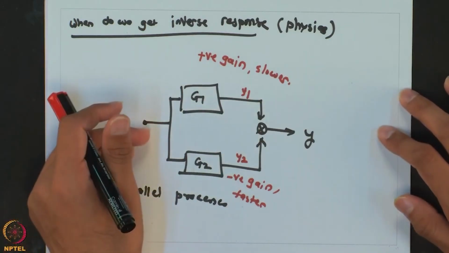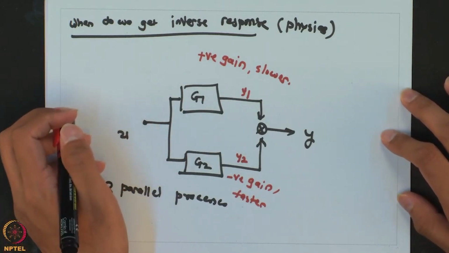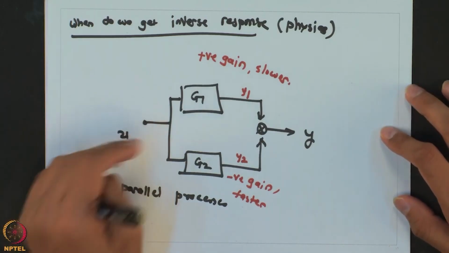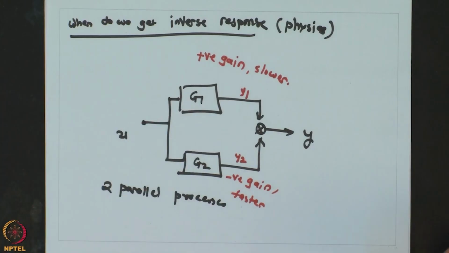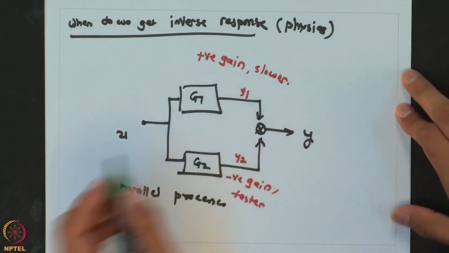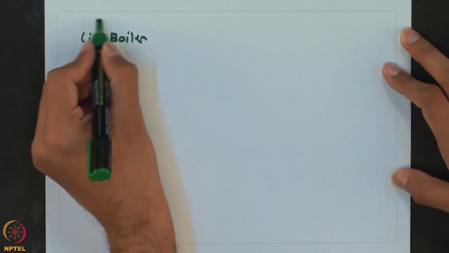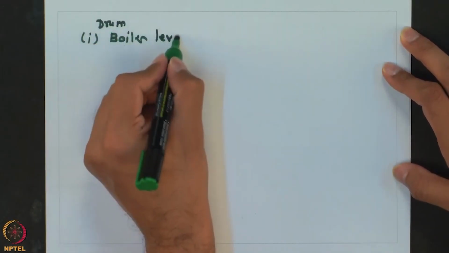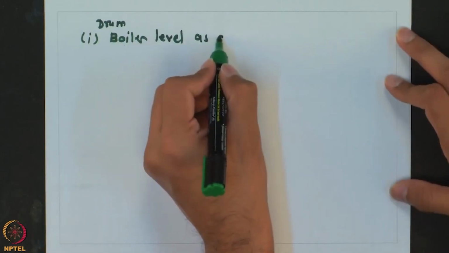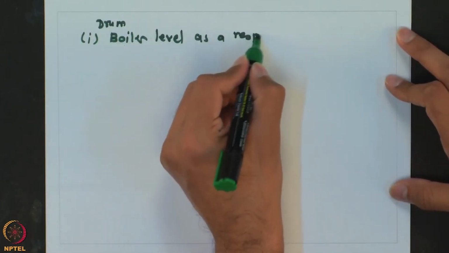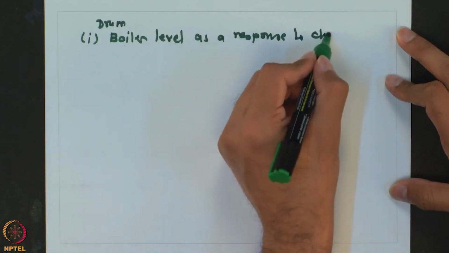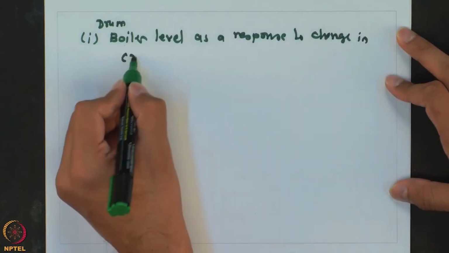So, any physical system which is going to give you inverse response is going to have these kind of parallel processes which are happening. If I want to give you some literature examples, the very common system which gives inverse response is the drum boiler level as a response to change in cold feed water.